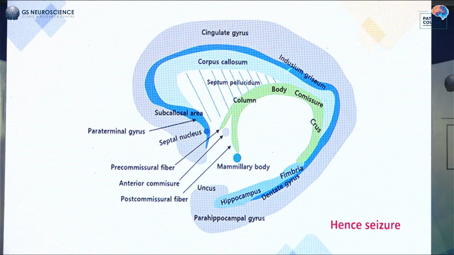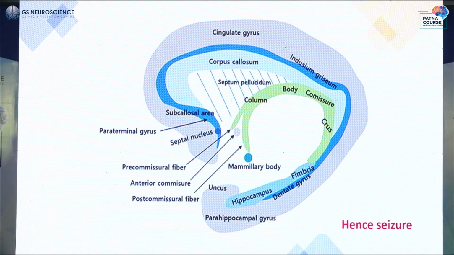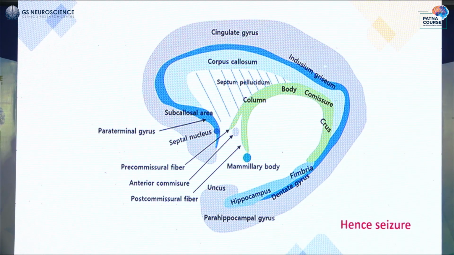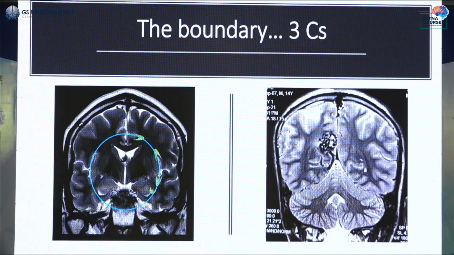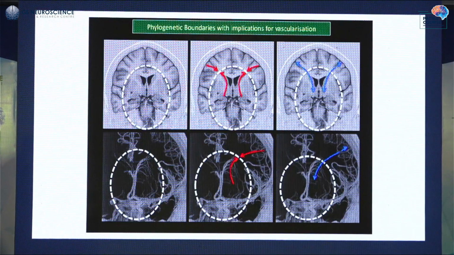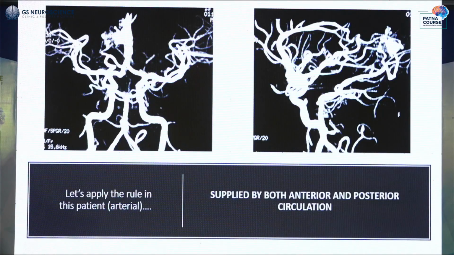Rahul has just mentioned the indusium griseum, so it is more likely situated in this anatomical localization. And this is the phylogenetic circle that he always teaches us. We try to localize this and understand where the possible feeders will come from and where it will go. So these are all okay.